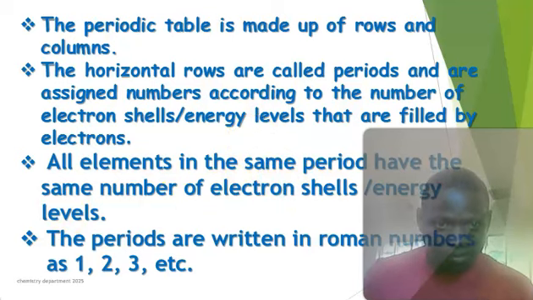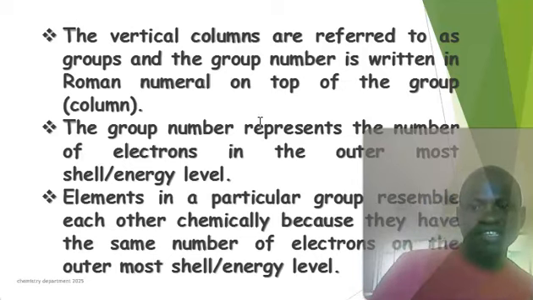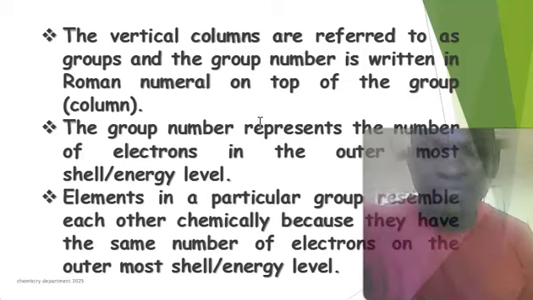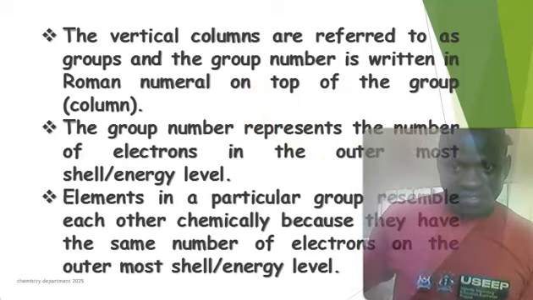As we shall explore more, from there we are talking about the vertical columns, which are referred to as groups, written using the Roman numerals on top of the columns. I will be referring to the picture of the periodic table, and it had those vertical columns, and those vertical columns are actually representing the groups.